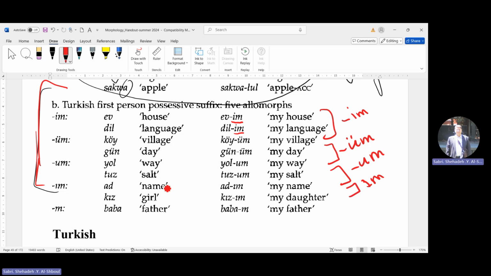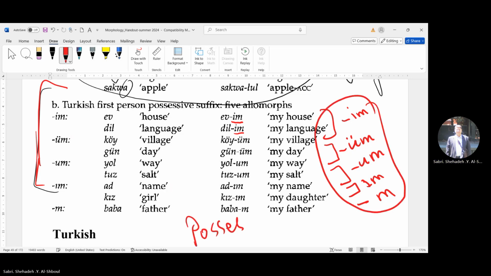And finally, we have baba with babam, only m, right? So we notice here, dear students, Turkish also loves suffixation. It has one, two, three, four allomorphy patterns for the possessive derivation in this language.